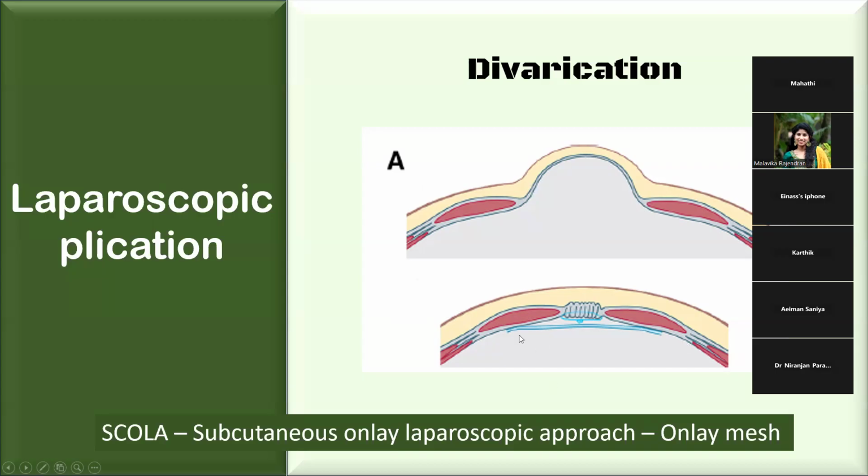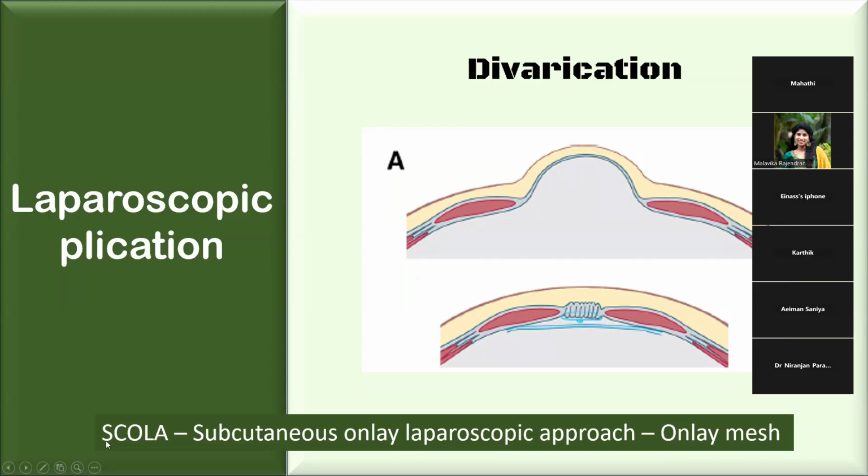You can put it retrorectus. You can put it extraperitoneal. Plane is probably unimportant other than for onlay mesh. If you put a mesh over it, in the subcutaneous plane, just superficial to the anterior rectus, it's not recommended. But otherwise, you can put your mesh anywhere in the depths, in addition to your plication.